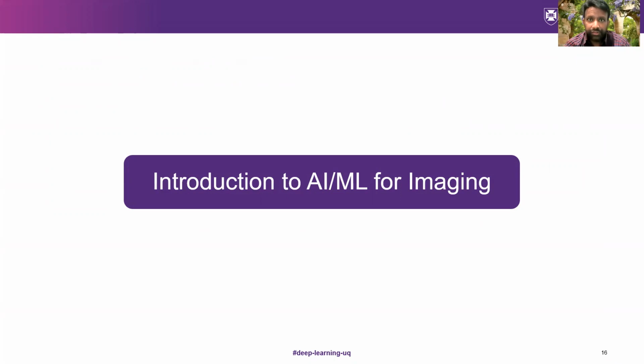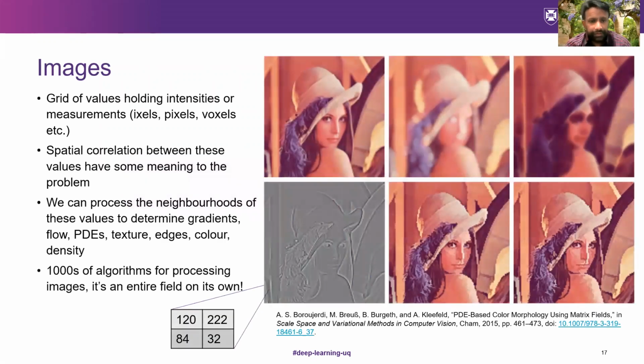So how do we use this in imaging? Firstly, what are images? You're probably familiar that they're made up of pixels. The great thing about images is that the pixels have spatial correlation with their neighbors.